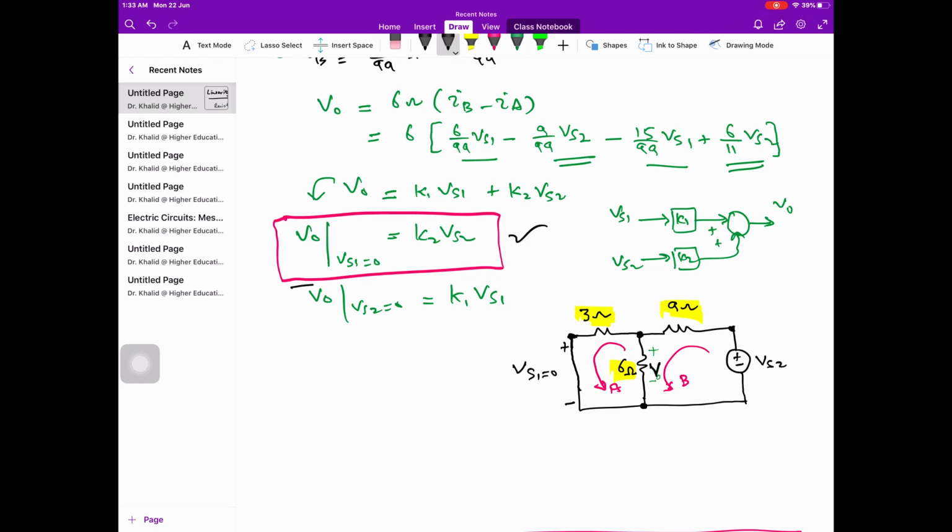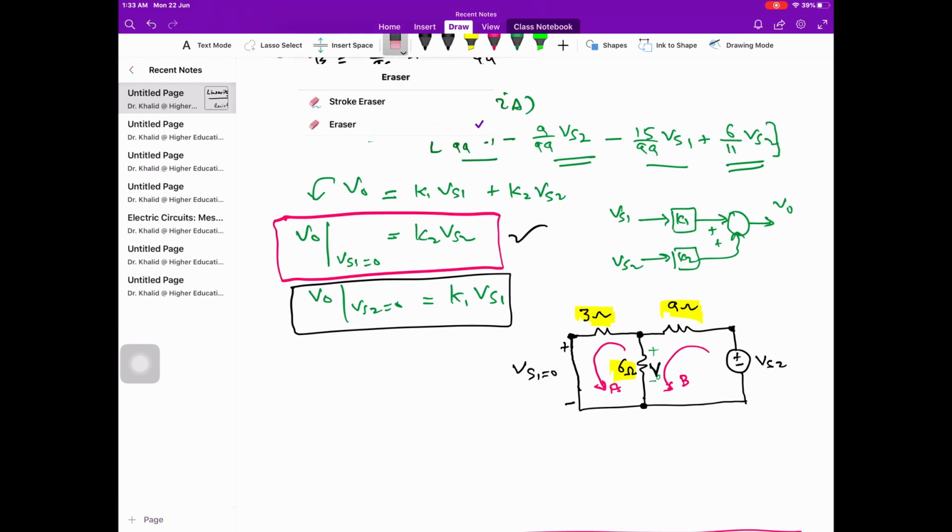And next, for VS2 equal to 0, we have to eliminate this VS2.